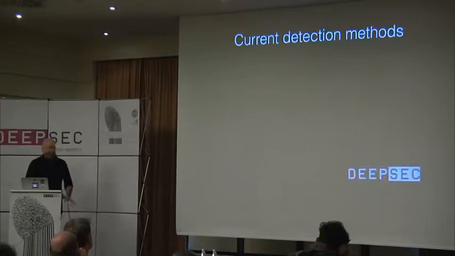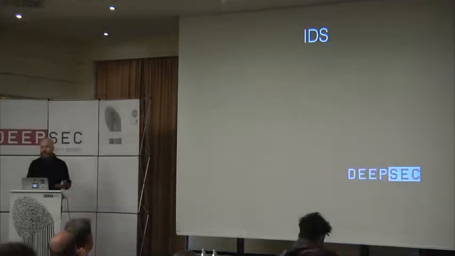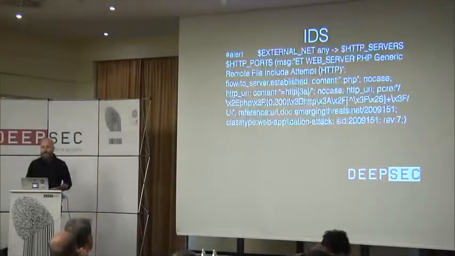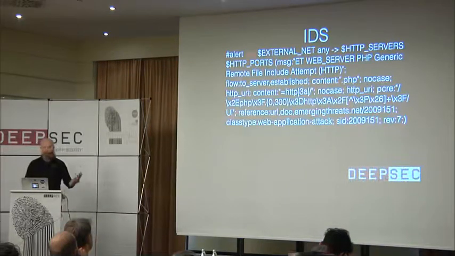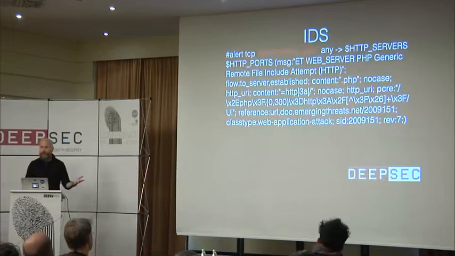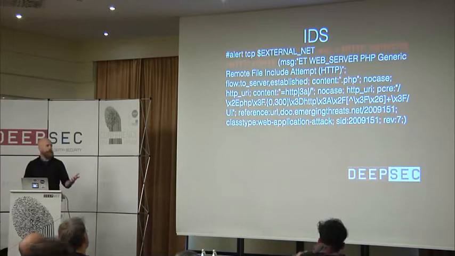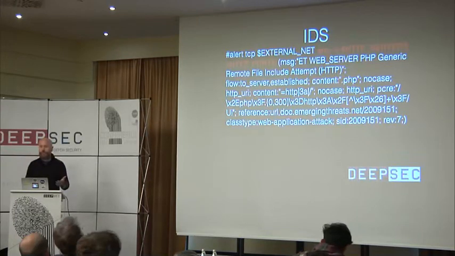So I'm going to just briefly go over some most popular current detection methods. IDS uses signatures. So a signature might look like this. You've probably all seen this. I'll just go over it real quick. It's a TCP connection from your external network, which you defined in your config file, to any of your internal HTTP servers or ports.